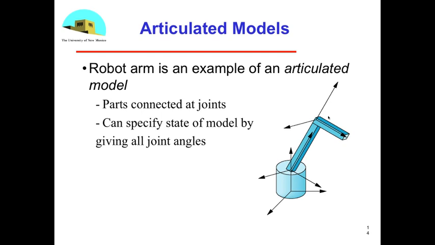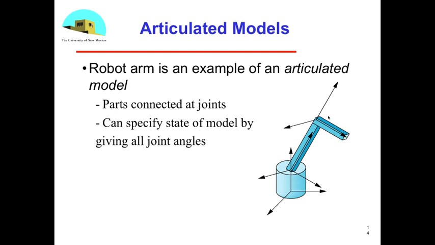And if we want to know the state of that model, all I need to do is give you the 3 angles, and you know everything about that model once you know what the base objects are. So it's a very, very simple thing to animate. You just keep changing the angles interactively or through some program control, and then you keep drawing it.